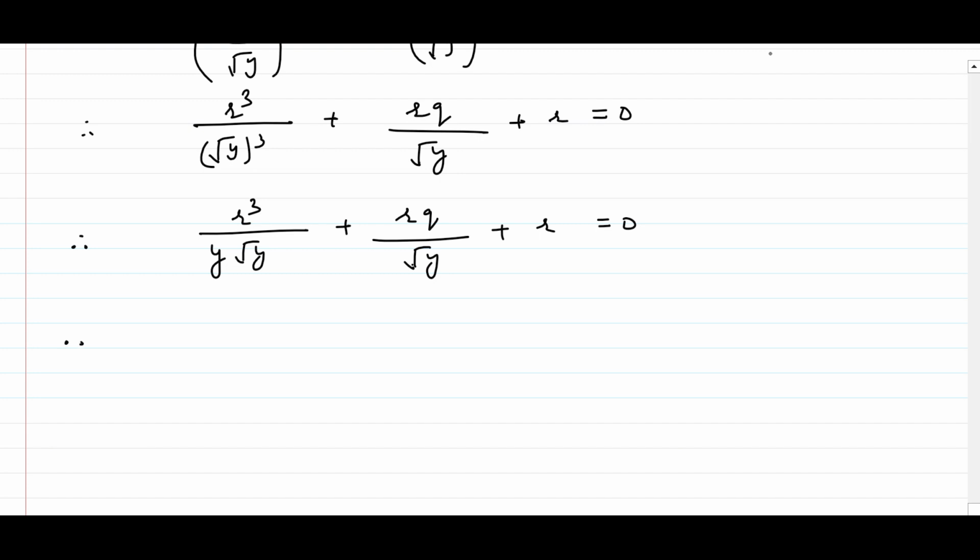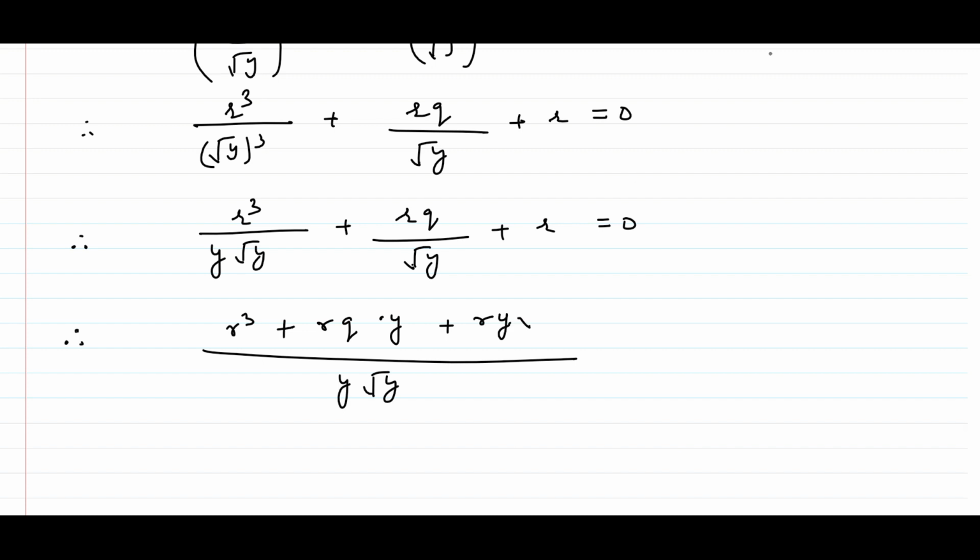So now taking the LCM, its LCM will be y root y. Here will be r to the power 3, plus dividing the y root y by root y, it will give q r times y, plus r y root y is equal to 0.